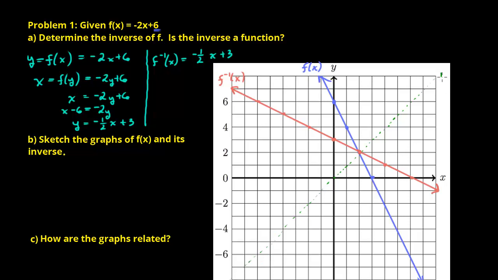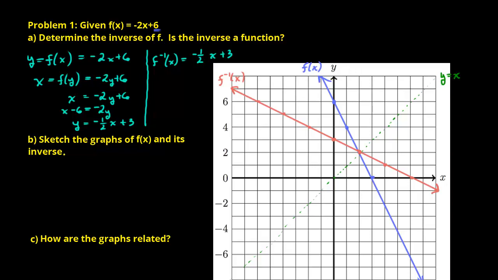That's the graph of y is equal to x. You might have noticed that the two graphs are a reflection about the identity line, about the graph y is equal to x. And that's a property that all inverses have: if I have the graph of f of x, and I want to get the graph of its inverse, I can just reflect it about the line y is equal to x.